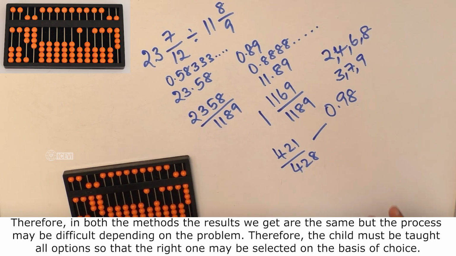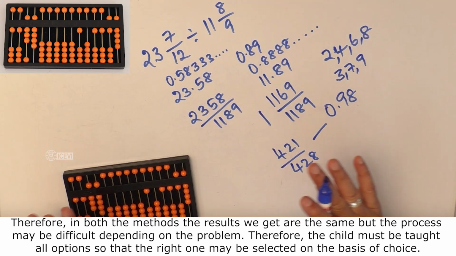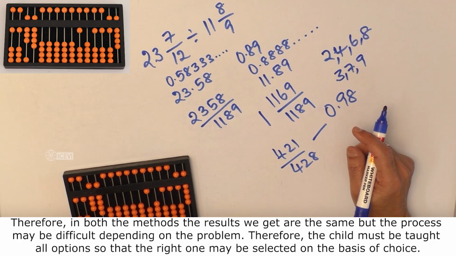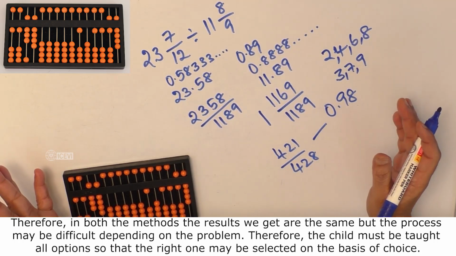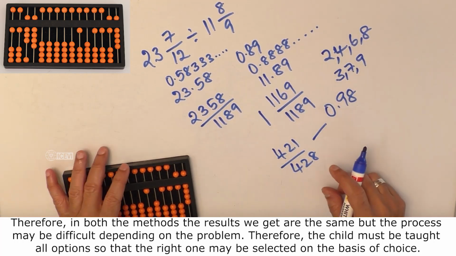Therefore, in both methods, the results we get are the same, but the process may be difficult depending on the problem. Therefore, the child must be taught all options so that the right one may be selected on the basis of choice.